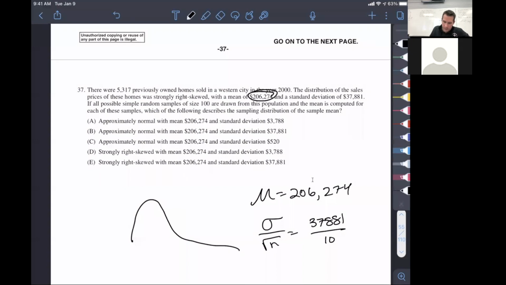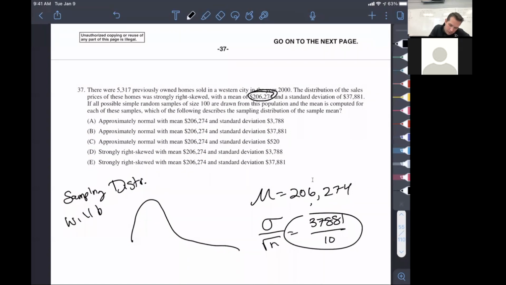So let's find the one that has our mean and our standard deviation, and our sampling distribution will be approximately normal. I believe that's what A is. Approximately normal with the mean of 206,274, which notice it's the same for all of them. So really this question is, do you understand standard deviation?